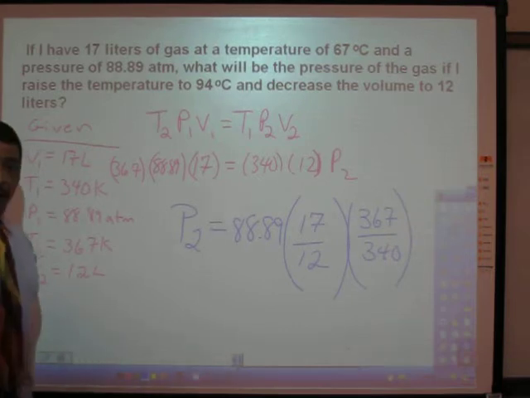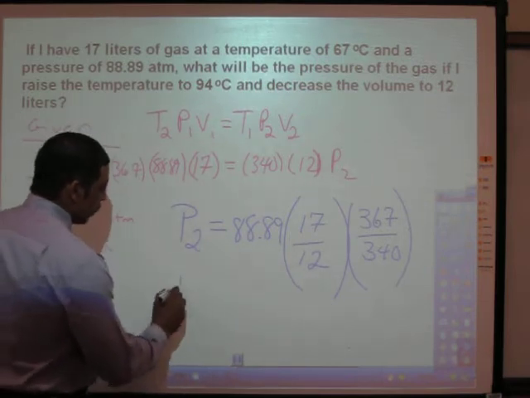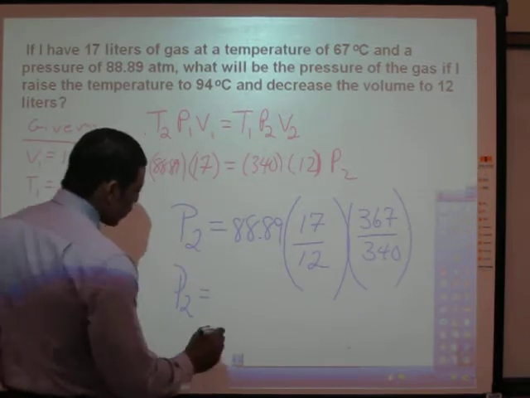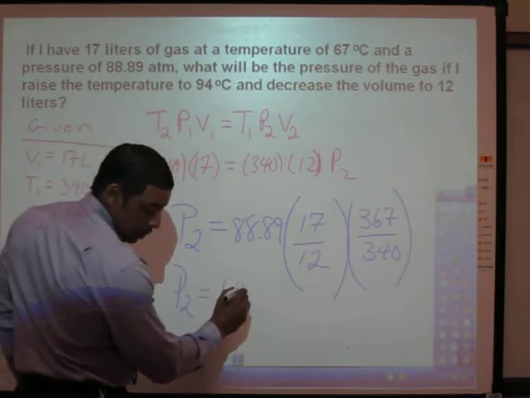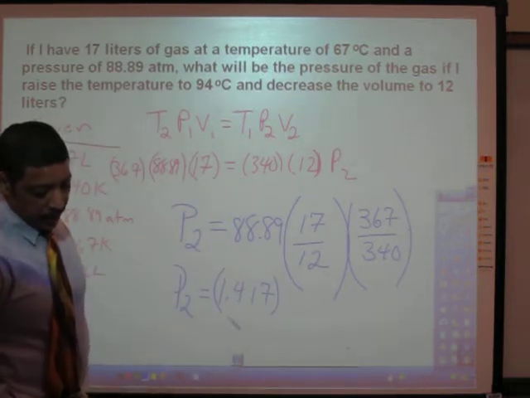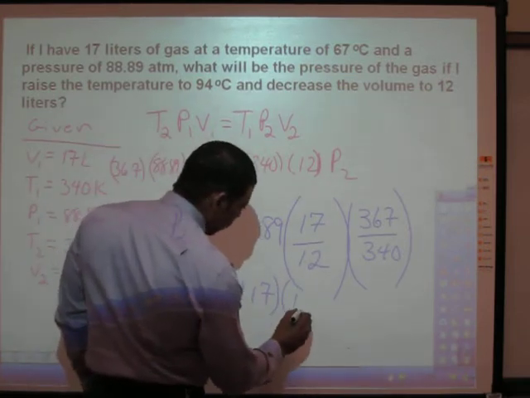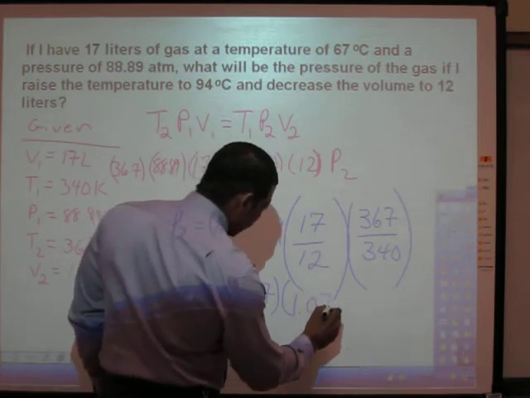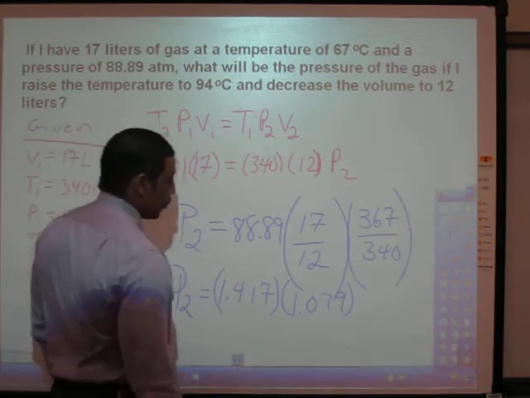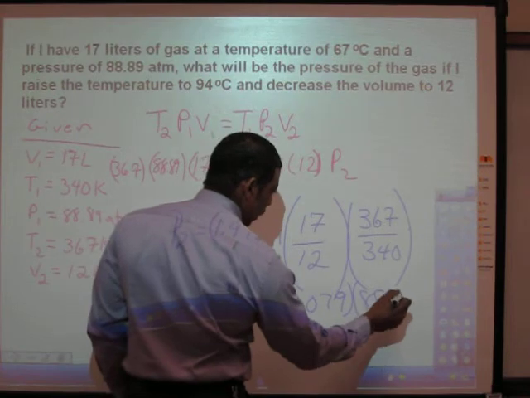Okay? Now, to solve the problem, we simply do the calculations in parentheses first. So P2 is equal to 1.417 times 1.079 times my 88.89.